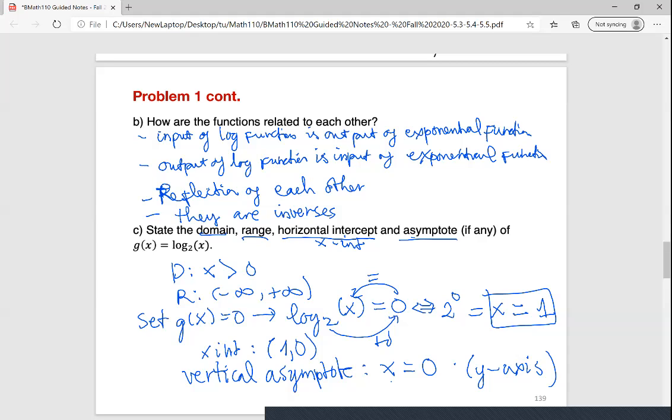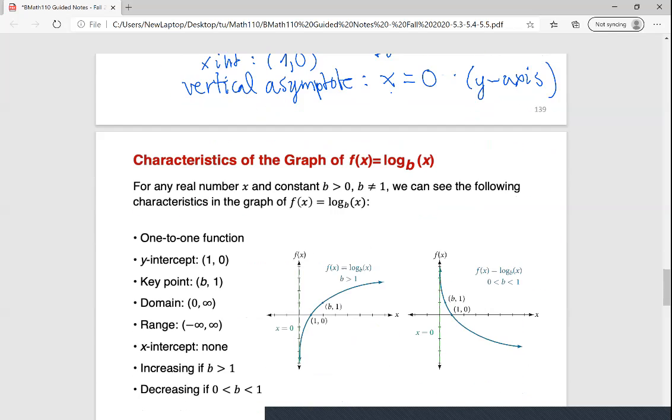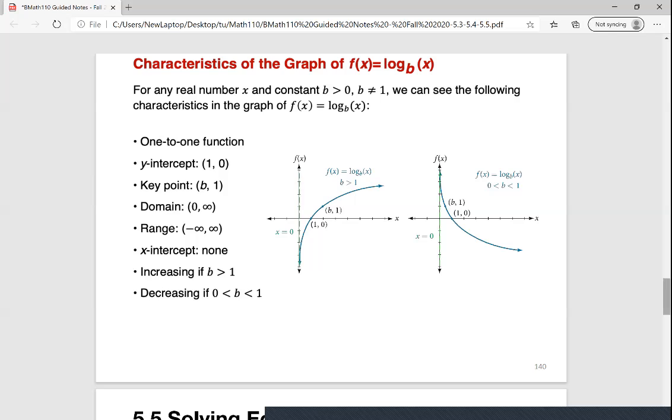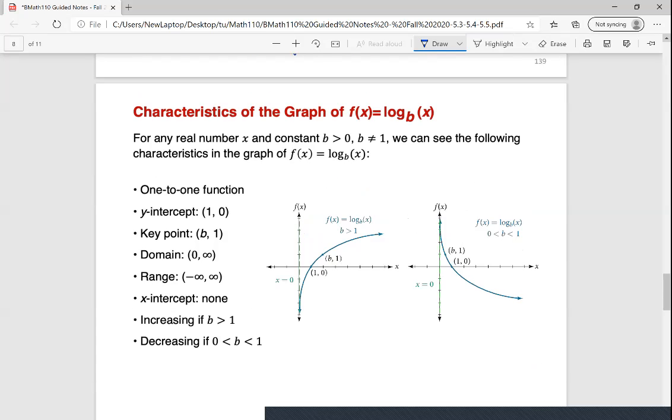So let's see the next page. Okay, the next page is the characteristics of the graph of f(x) equal to log base b of x.